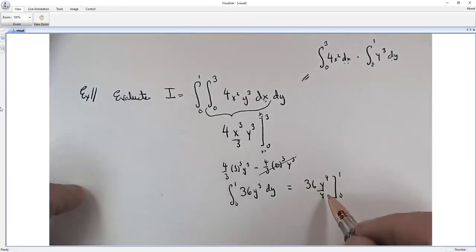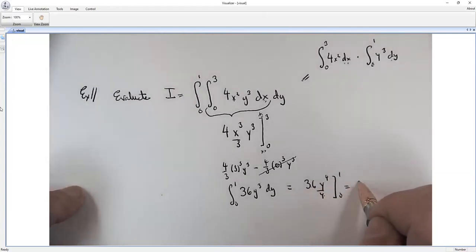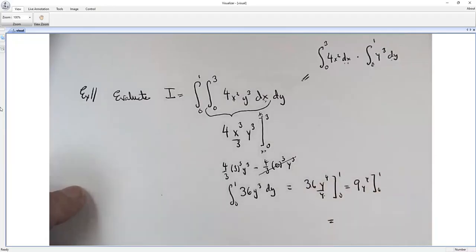And so when I plug it in, 4 goes into 36 nine times. 9 y to the 4th, evaluated from 0 to 1. Again, fundamental theorem of calculus, plug in top minus plug in bottom. 9 times 1 to the 4th minus 9 times 0 to the 4th. And I end up getting 9.